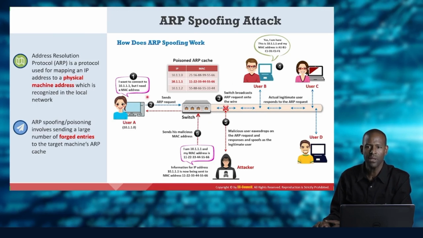So what's going to happen is this device, user A, says, I want to connect to 10.1.1.1, but I don't have its MAC address. So it sends an ARP request to the switch. The switch sends out a broadcast out of all its ports, waiting for the one device that has the IP address of 10.1.1.1 to reply.